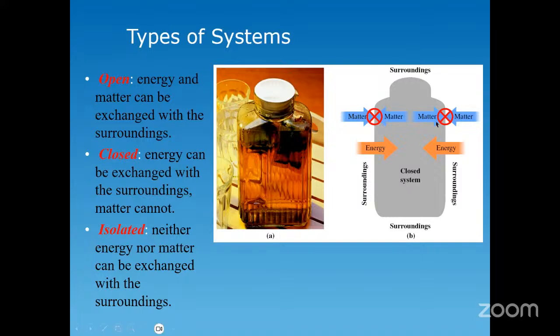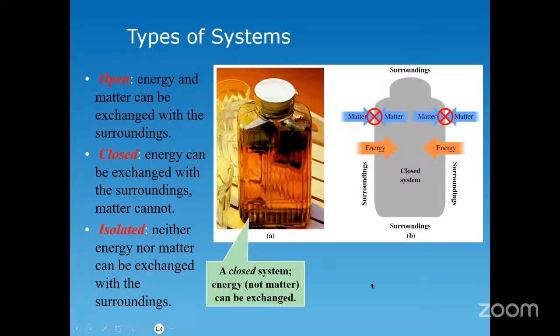So in this particular case here, where you have energy exchange between the system and surroundings, but no exchange of matter, then this would be an example of a closed system, all right? But in the case of an isolated system, neither matter nor energy will be exchanged between the system and the surroundings, all right?